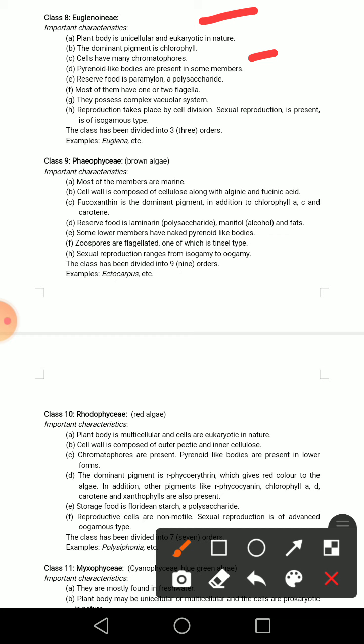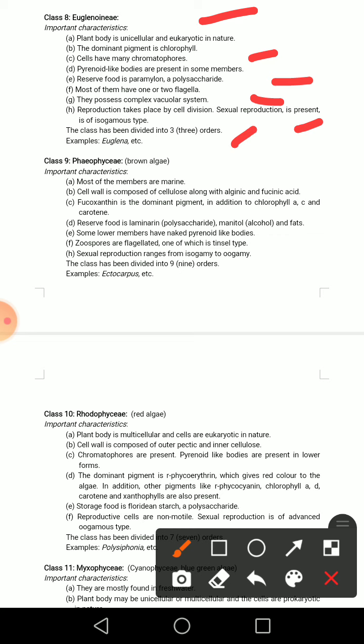Reserve food is paramylon, a polysaccharide. Most of them have one or two flagella. They possess a complex vascular system. Reproduction takes place by cell division. Sexual reproduction, if present, is of isogamous type. The class has been divided into 3 orders. Examples include Euglena.